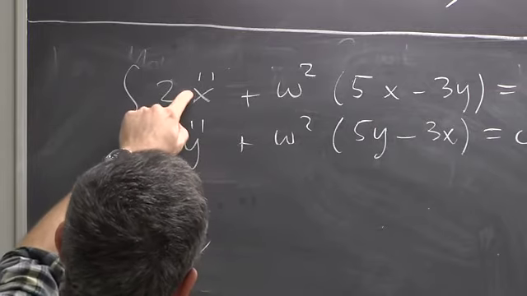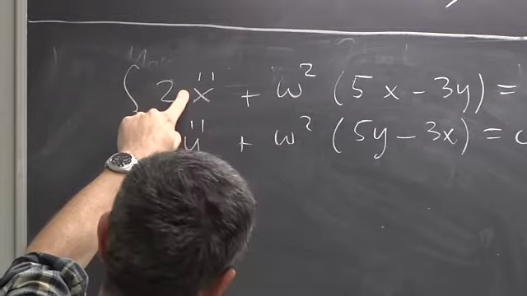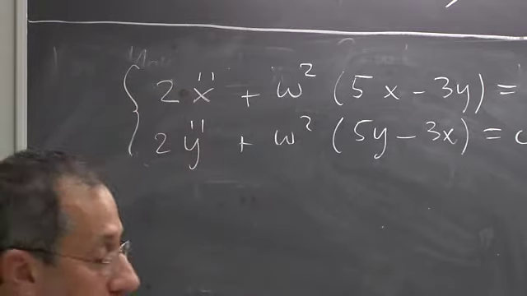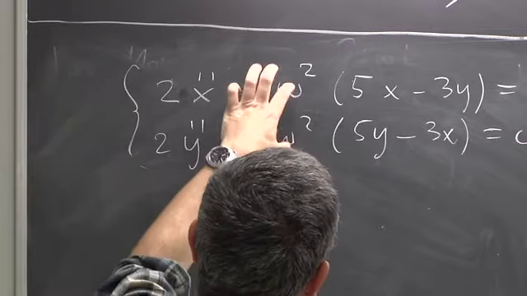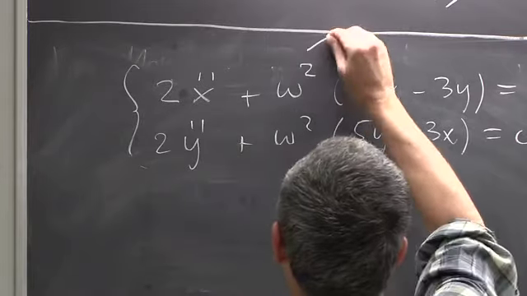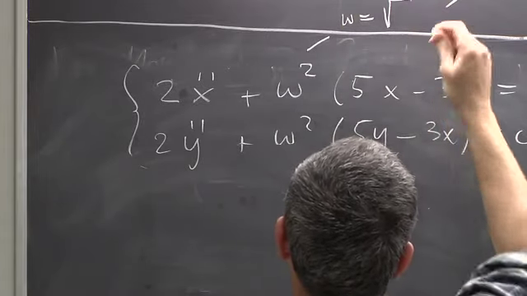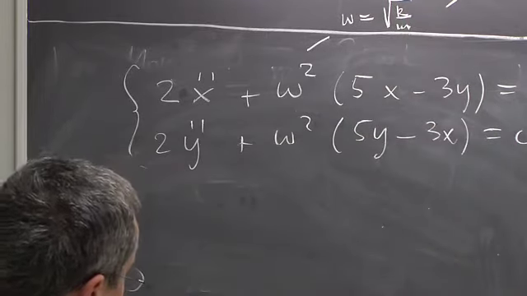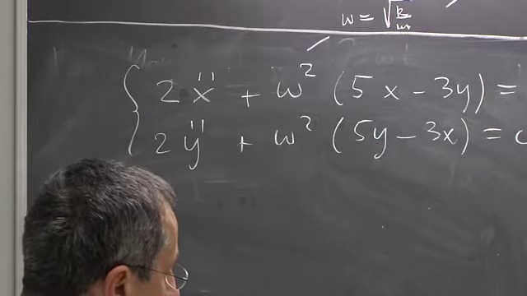So the M I had here, it's a very simple case in which the M's were all equal and the K's were all equal. So I divided and I called this omega, which is just the square root of K over M. This is the simplest. I took a matrix here, but the M's are all equal and the K's are all equal.